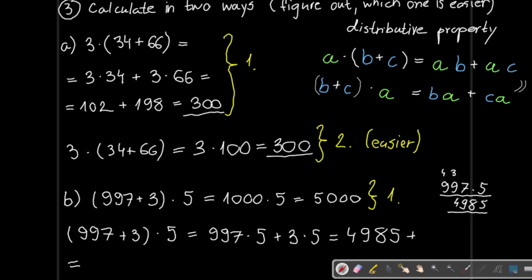Plus, okay, 3 times 5 is just 15. And then we just need to add these two together, and of course we get the same answer, 5,000.